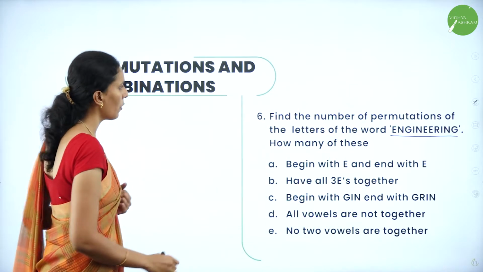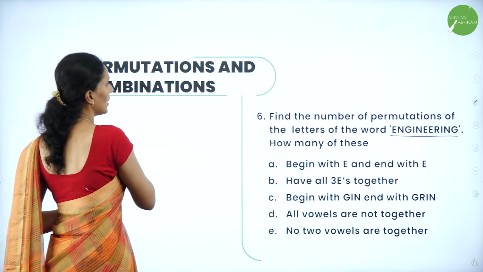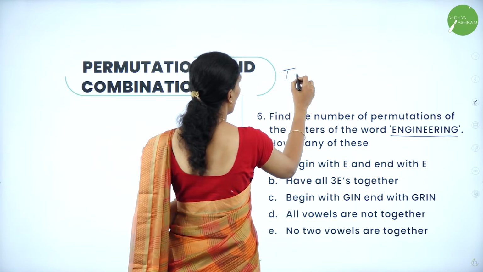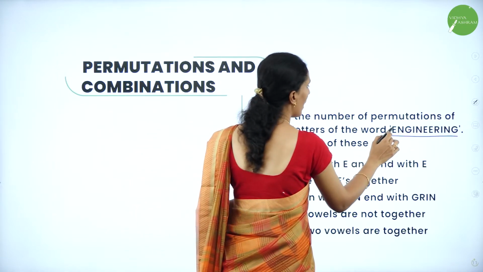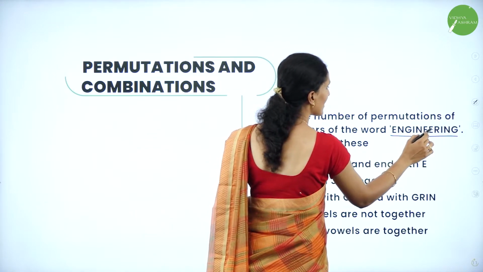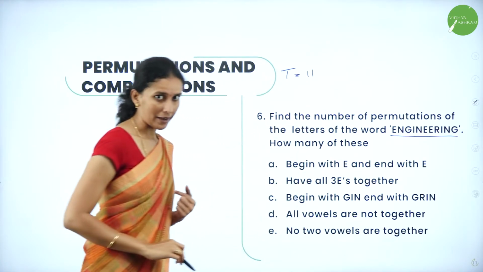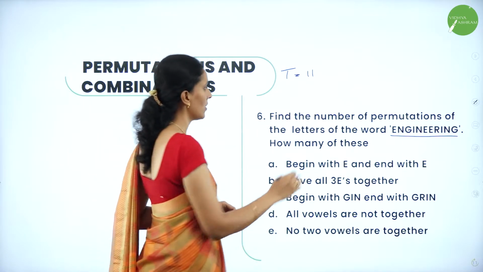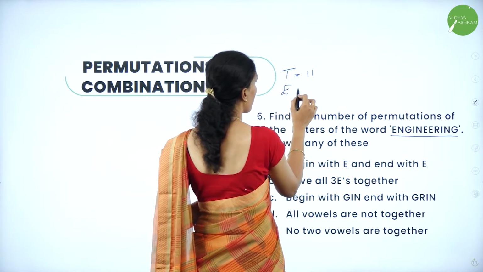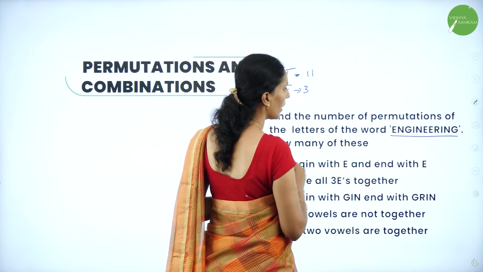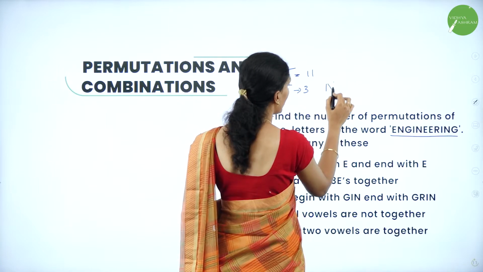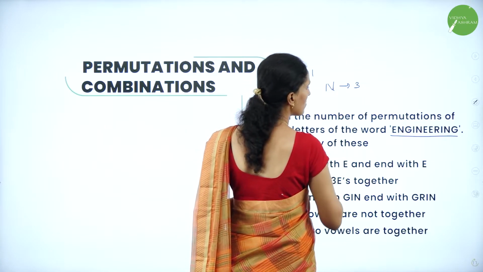You can observe how many letters we have. Totally, we have 1, 2, 3, 4, 5, 6, 7, 8, 9, 10, 11. So we have 11 letters. Out of that, how many letters are repeated? E is repeated 3 times. Next, N is repeated 3 times.